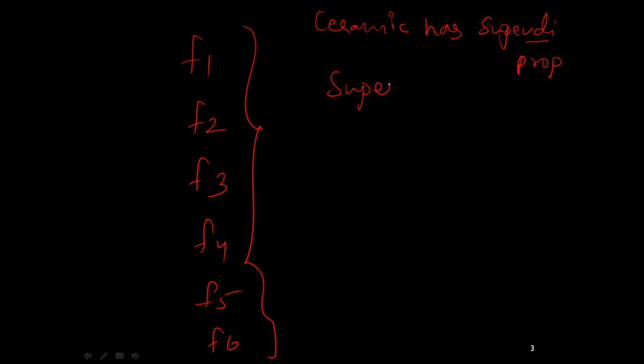Let me write here, super die property. Let's understand if the ceramic has the super die property or not. How do we find out if it has the super die property? And even if we find out, how do we know? First of all, the very important question is what is the super die property?